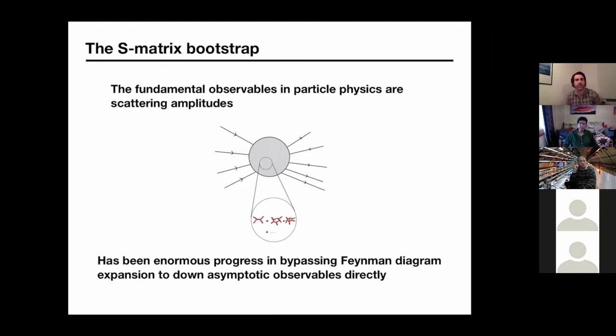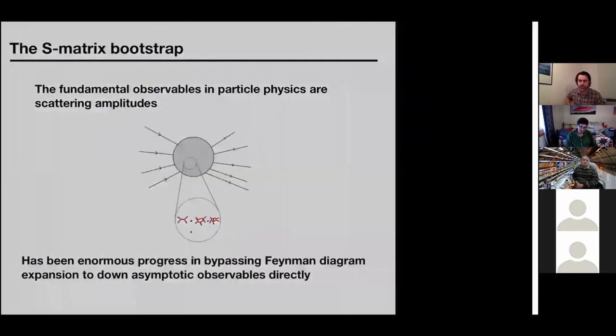So of course, in particle physics, the fundamental observables, the analog of correlation functions in cosmology, are scattering amplitudes between plane wave-like particle states. And there's been a huge amount of progress in recent years bypassing the traditional Feynman diagram techniques in order to just write down these asymptotic observables that live on null infinity of Minkowski space directly, using consistency constraints or physical principles like locality and unitarity.